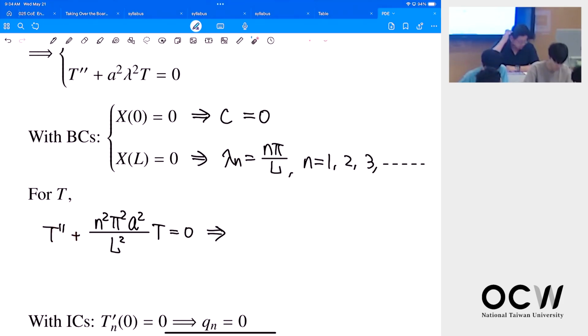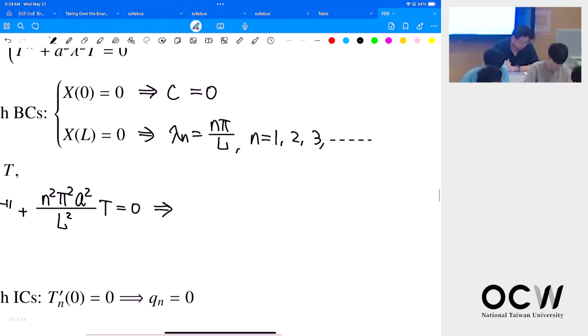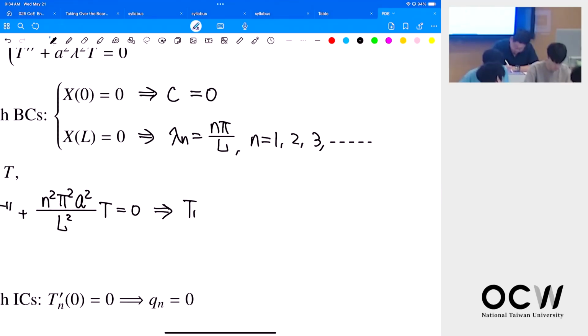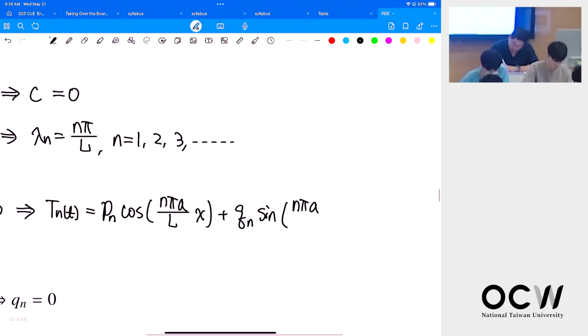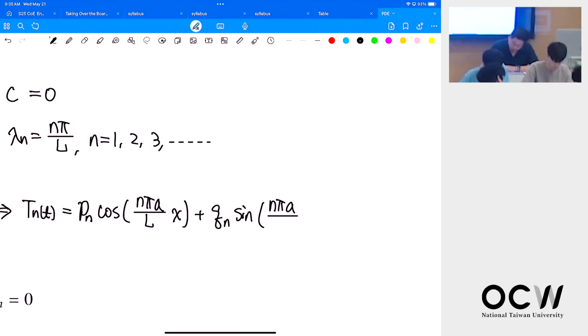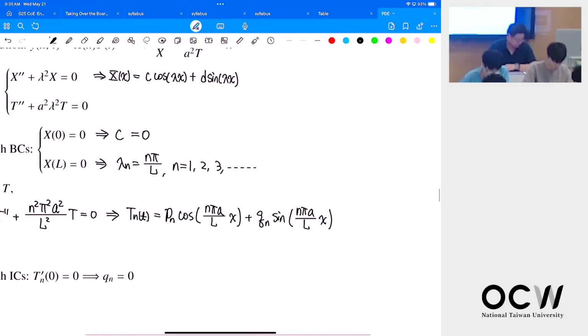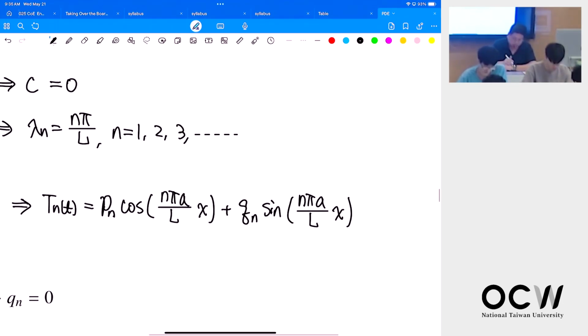So t should be the combination of your sine and cosine function. So that's Pn cosine n pi a over L t, and then Qn times sine n pi a over L t.